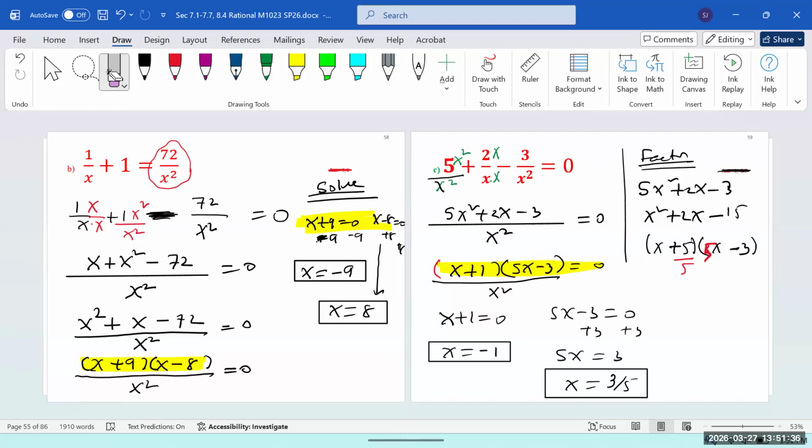For the same question, did I make a mistake anywhere? Positive 5, no, then yeah. If this is correct, then the answer will be positive 3/5. So, okay, let me write a note, review sheet. Guys, in the review sheet, the answer is wrong. In the review sheet, I have negative 3/5.